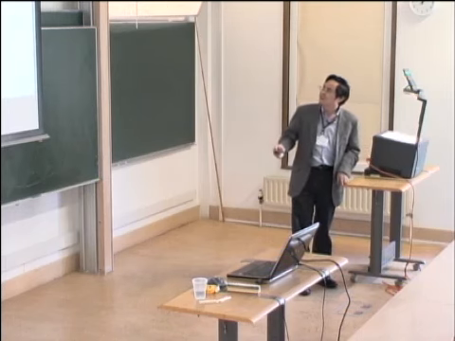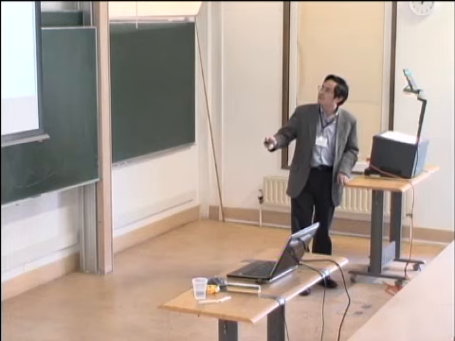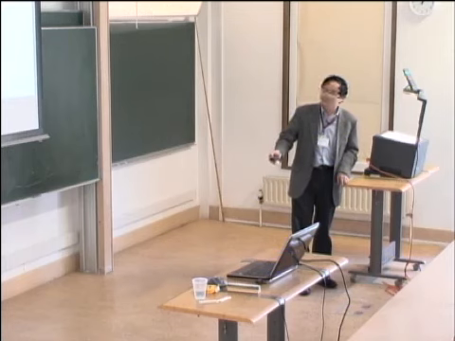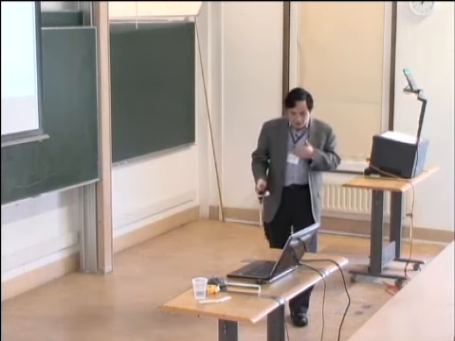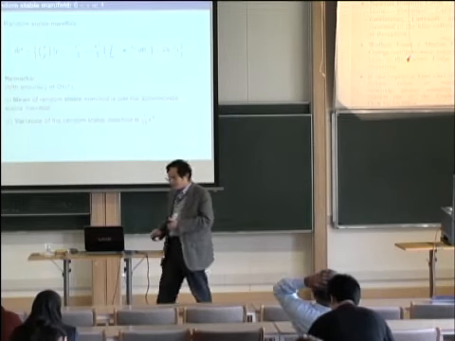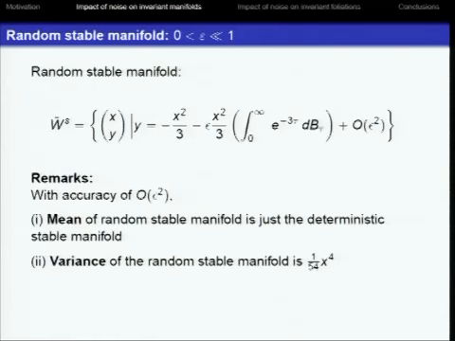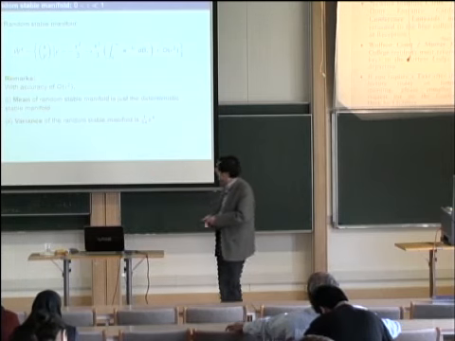If you compute the mean at the order of epsilon squared, this term is gone. This integral has zero mean. So we still have the stable manifold. With accuracy up to epsilon squared, the random manifold does not change at the mean level.